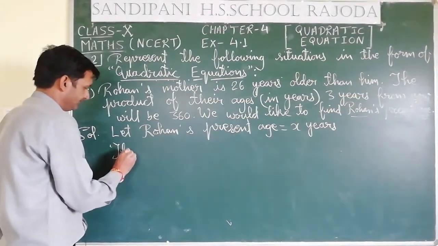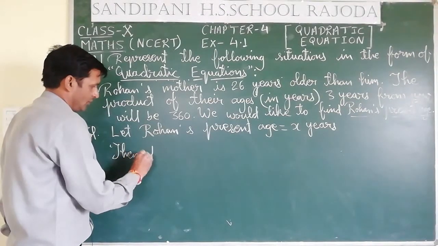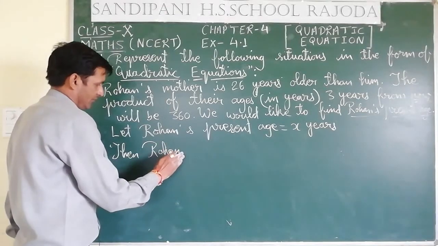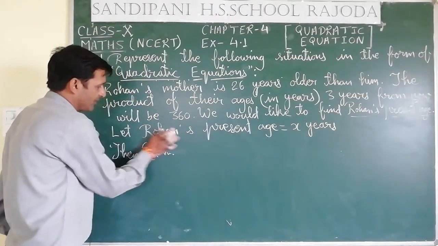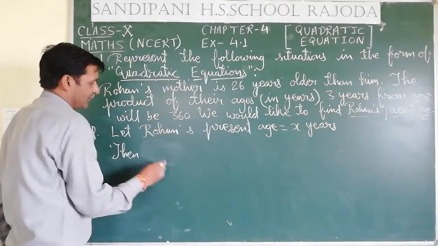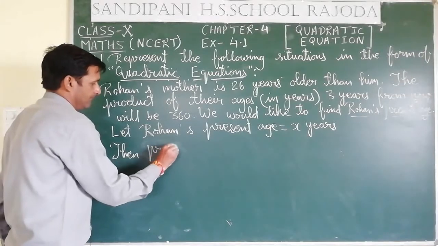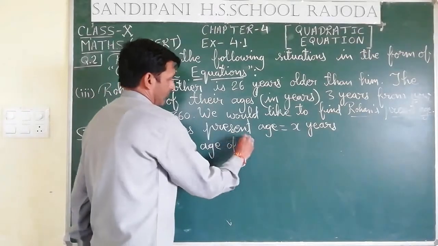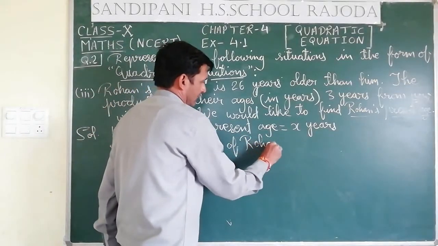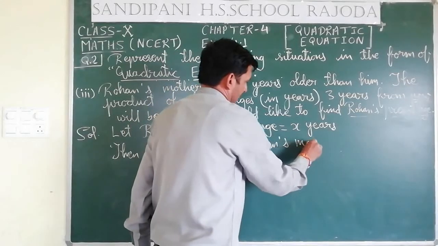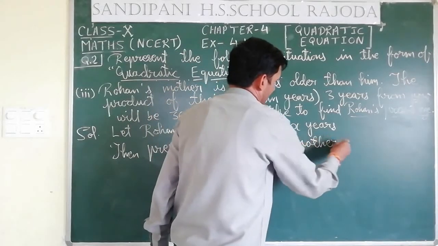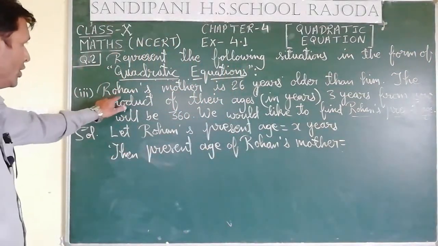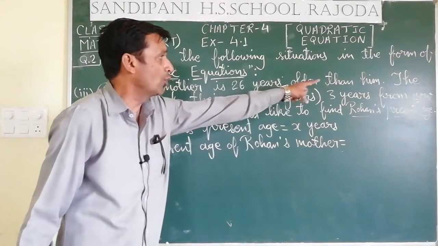Then age of Rohan's mother, then present age of Rohan's mother is equal to, see, according to question, Rohan's mother is 26 years older than him.